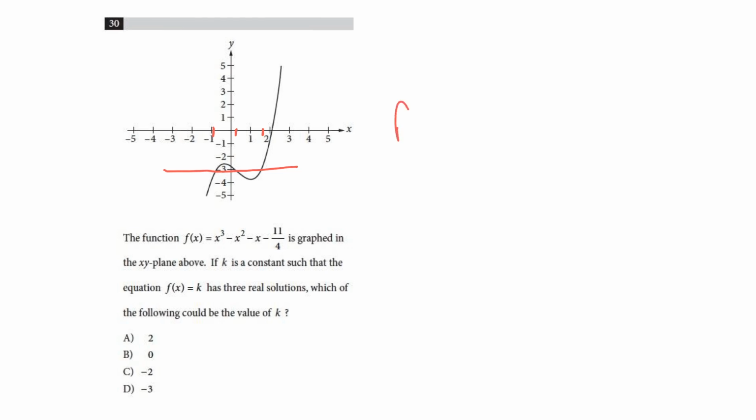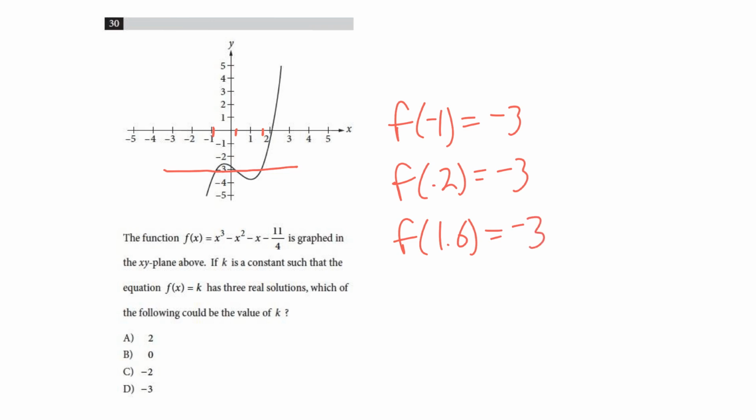So we see that at somewhere around -1, somewhere around 0.2 maybe, and somewhere around 1.6 for x, the output will be equal to -3. So f of -1 equals -3, f of 0.2 equals -3, and f of 1.6 equals -3. Okay, so we have 3 real solutions when the output is -3.